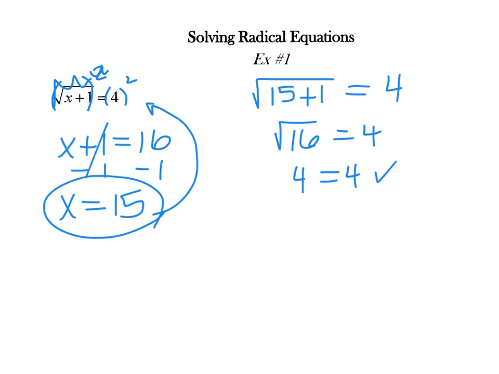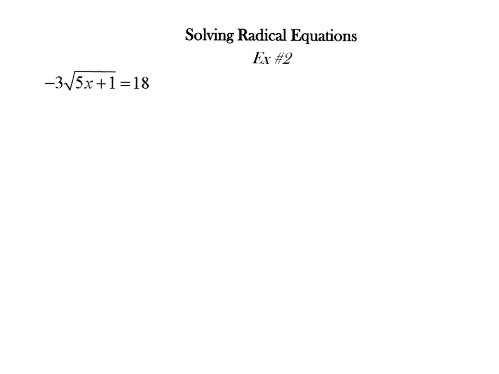Let's try the next one. So what do we do here now that there's something more attached to this radical in the front? Our goal is to isolate and leave the radical by itself. So our ultimate goal is to be able to just leave this piece by itself and get rid of the negative 3 on the left-hand side. How do we do that?